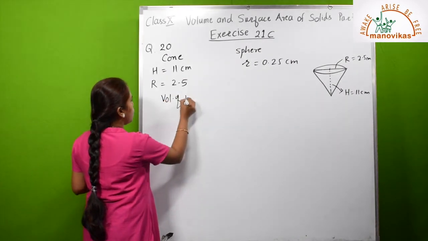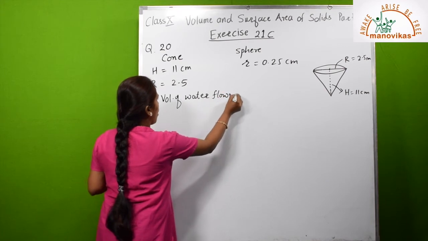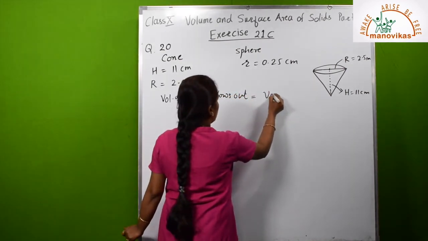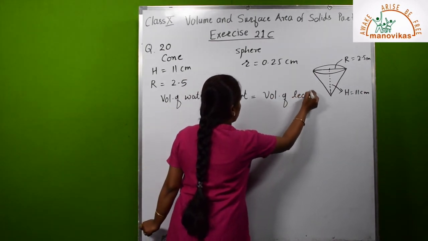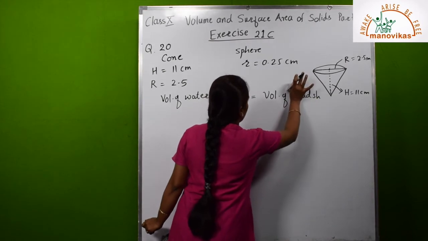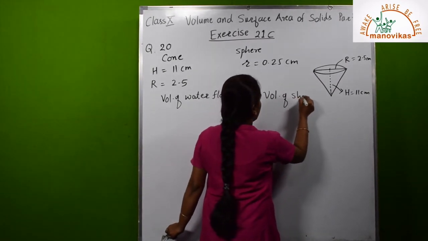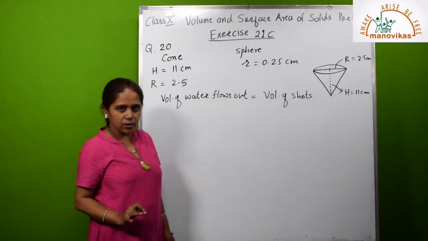volume of water that flows out is nothing but the volume of the lead shots, the total number of the shots which are in the form of spheres.